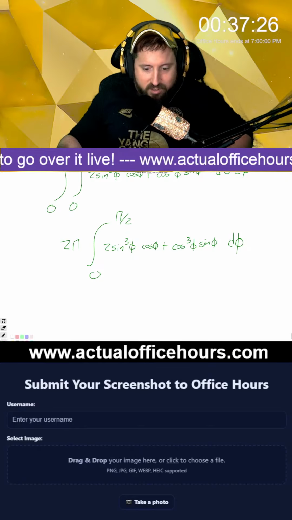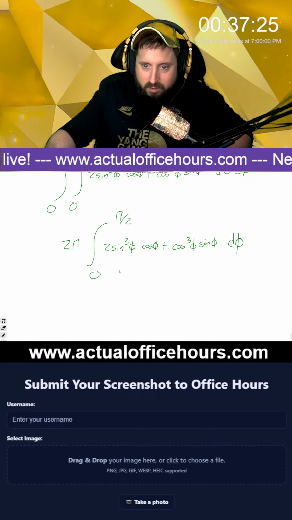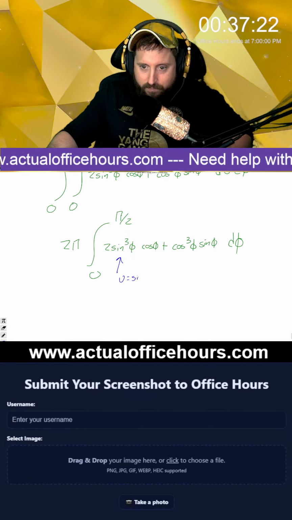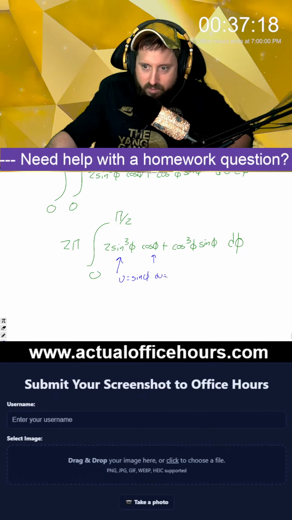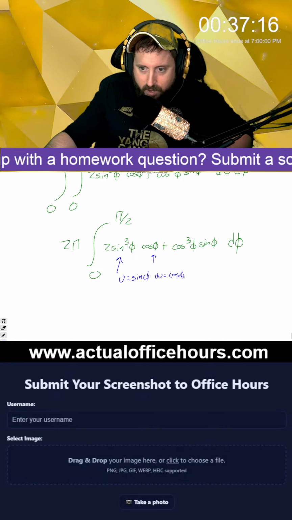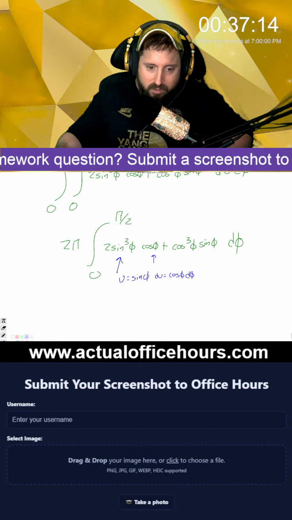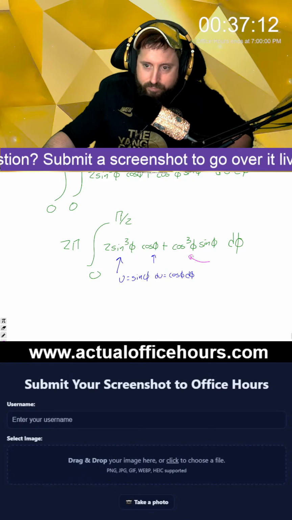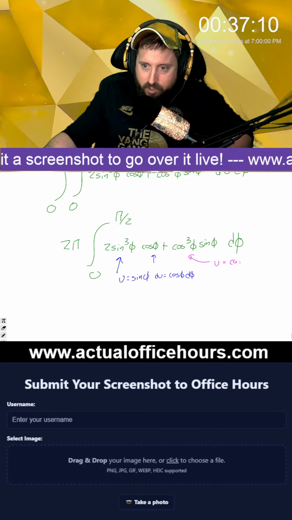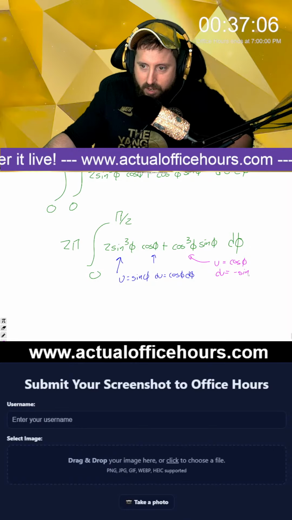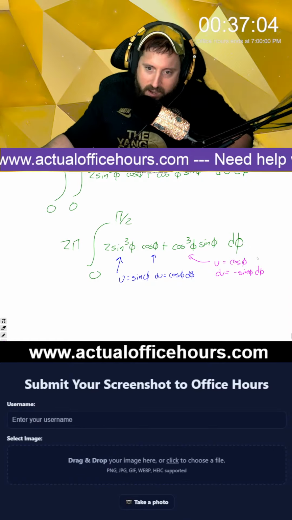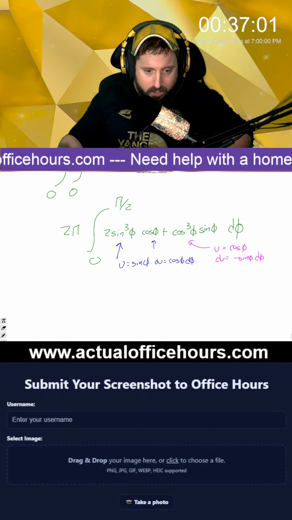And then this is a u sub question, right? Because u equals sine phi, and then du is equal to cosine phi d phi. And then for this one, u equals cosine phi, du equals negative sine phi d phi. And it's just u to the third, right?